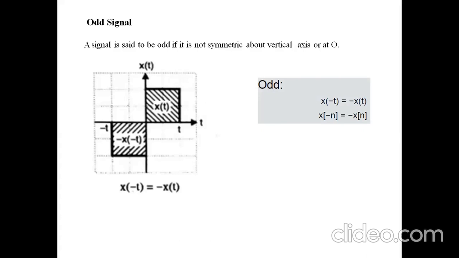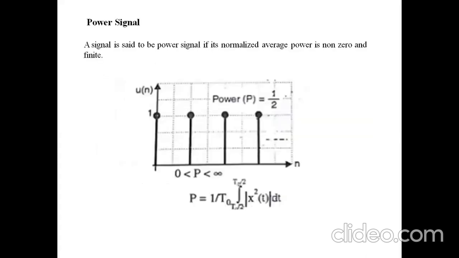Now, power signal. A signal is said to be a power signal if its normalized average power is non-zero and finite. Here a wave is shown. On the x-axis n is written, and on the y-axis u of n is written.